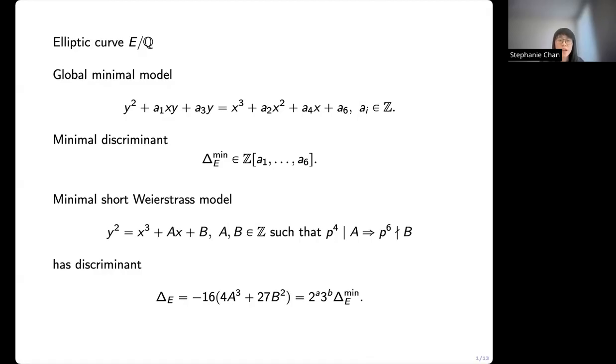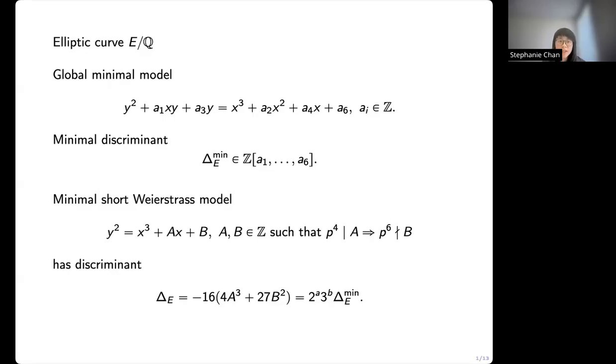Across all such models, there's a minimal one. We can more easily describe what this minimal model is. A and B are chosen such that if any 4th power divides A, its 6th power should not divide B. And there's a way to uniquely transform the model to the minimal one.